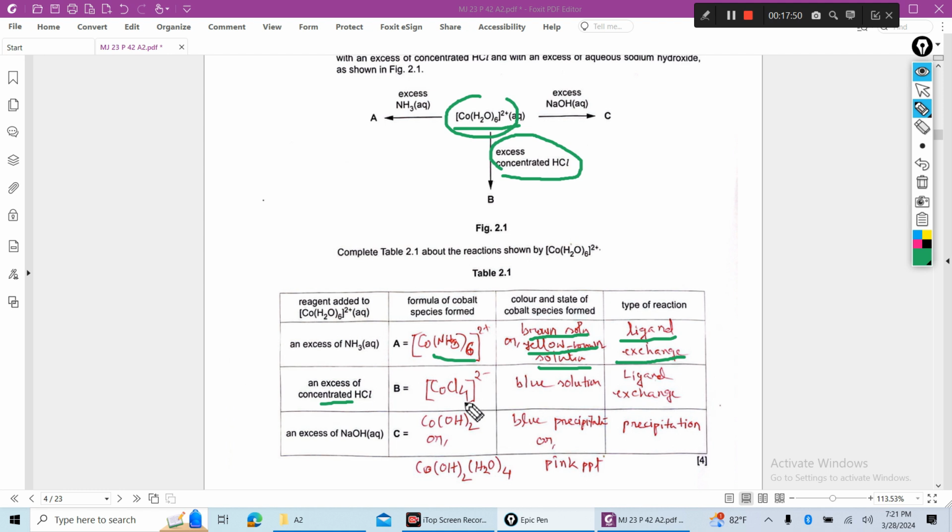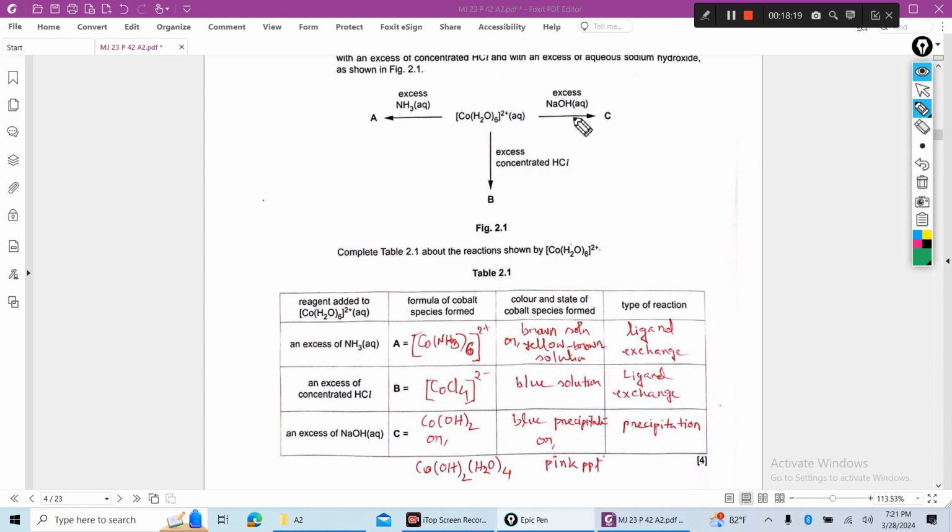So the product will be tetrachlorocobalt 2, and this is a blue solution. This is a common reaction: if you add concentrated hydrochloric acid to hexaaqua cobalt 2 ion, tetrachlorocobalt 2 ion is formed, the colour is a blue solution, and this is also a ligand substitution reaction or ligand exchange reaction.